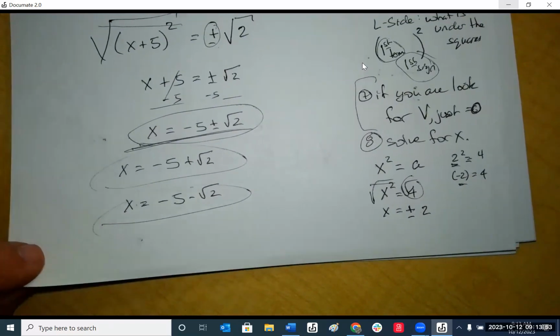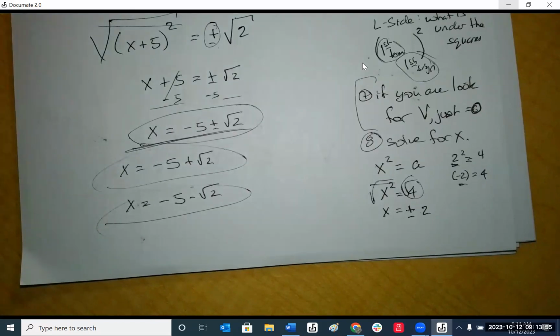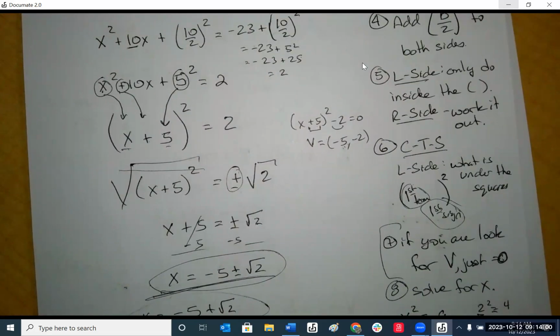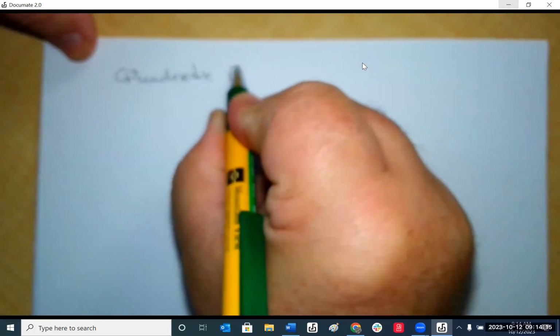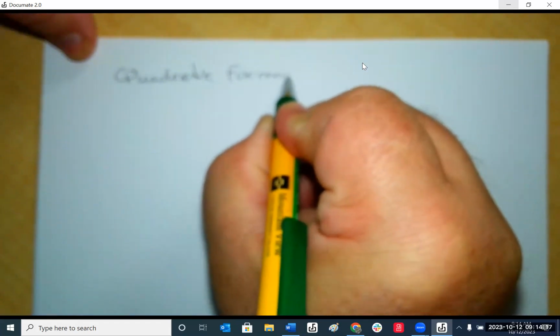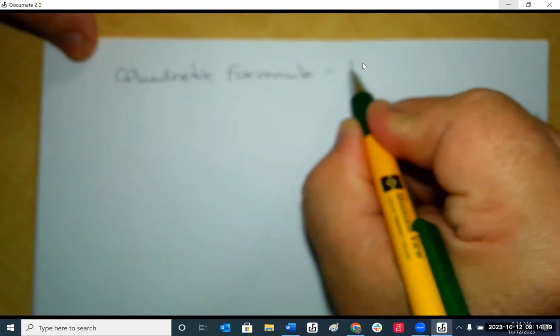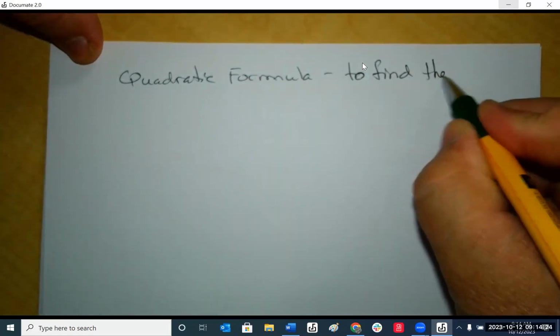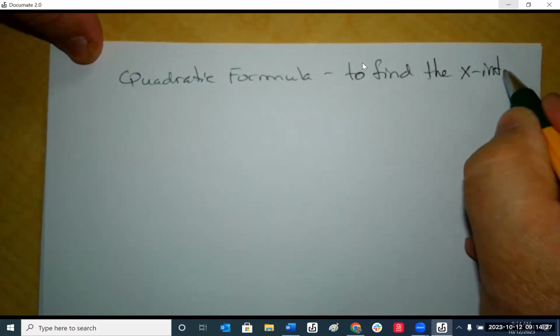Let's look at the last method. Typically in this class, I start off from a standard form equation. I complete the square, and I get us to the quadratic formula, which is our last method to find the x-intercepts.